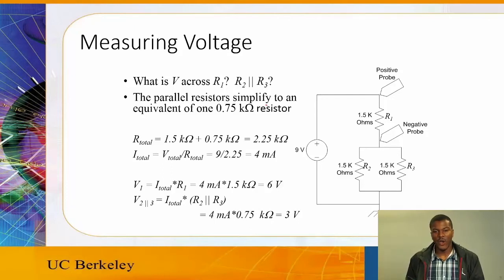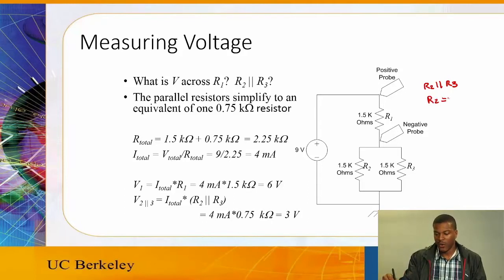To find the total current through this circuit, we will need to find the total resistance and divide the total voltage applied to the circuit by it. So again, we can see that R2 is in parallel with R3. And since R2 equals R3, we know that the R total equals R2 divided by 2.